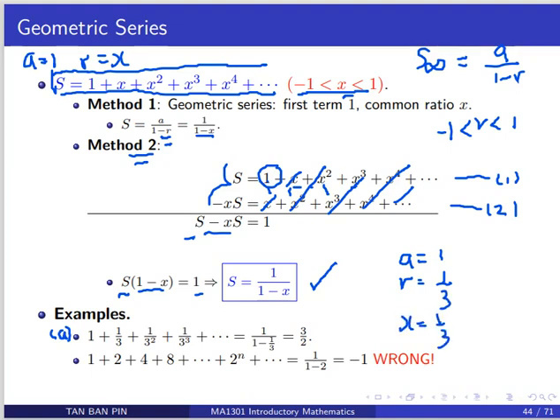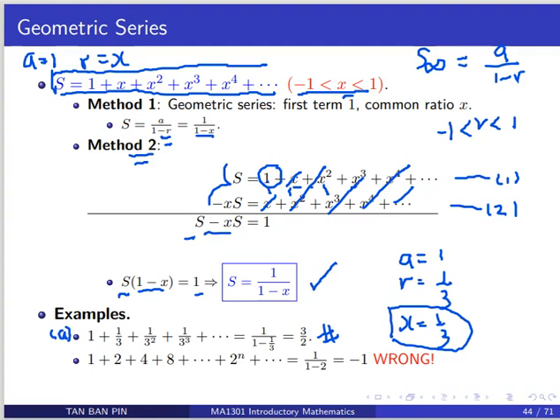If you look at 1 plus x plus x squared plus x cubed, then you just take x as 1/3. So the sum should be 1 over 1 minus x, which means you put x as 1/3, and eventually it simplifies to 3 over 2. So if you add 1 plus 1/3, 1/3 squared, 1/3 cubed, and so on, no matter how many terms you add, you get 3 over 2 as the answer.